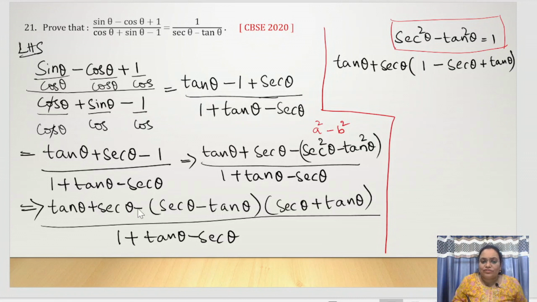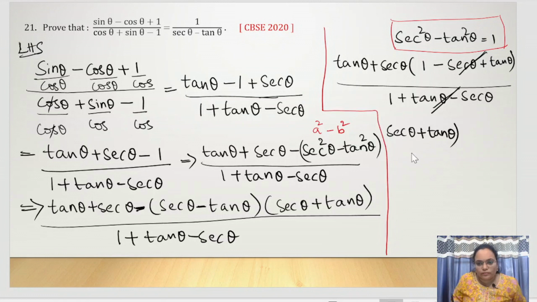Yes, because I am just removing the brackets. See, minus secant theta is minus secant theta, minus into minus is plus tan theta. Okay, divided by 1 plus tan theta minus secant theta. Okay. So if you see the numerator and denominator, we can cancel these both. So we have got secant theta plus tan theta.